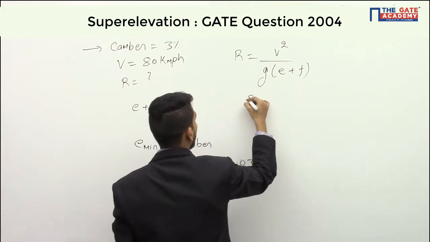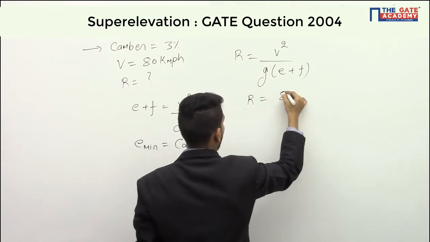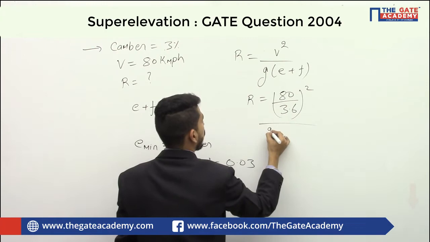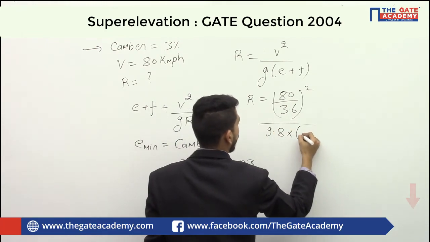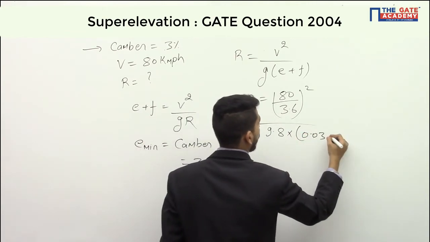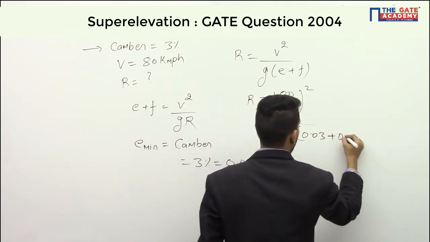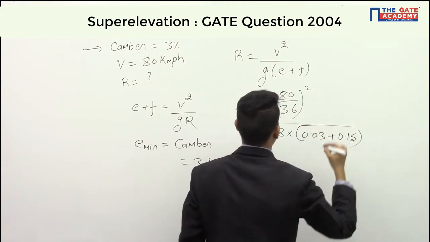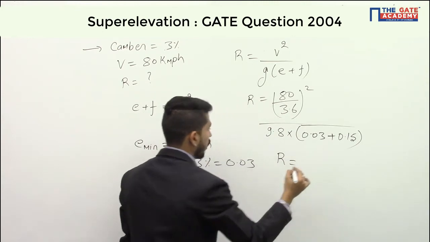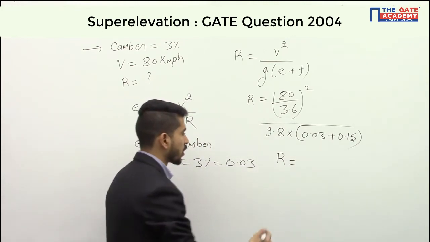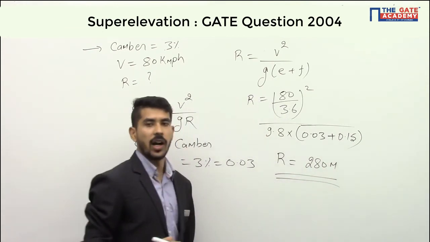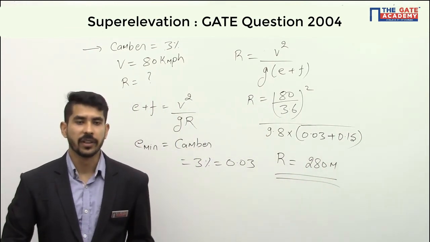So R will be equal to V is 80, converted into meters per second, squared, divided by 9.8 into E, the minimum value 0.03, plus F, which is 0.15. When we solve this, the value of radius comes out to be 280 meters. So the R value will be equal to 280 meters.